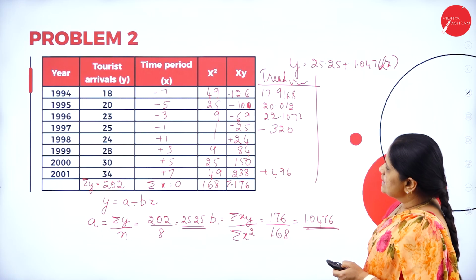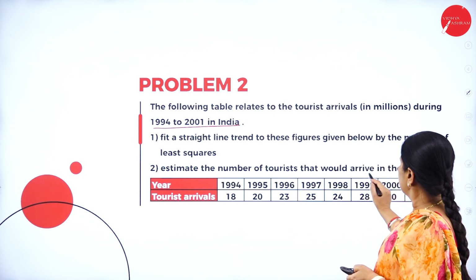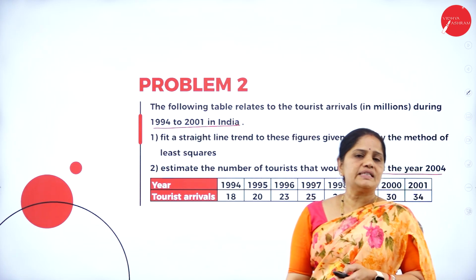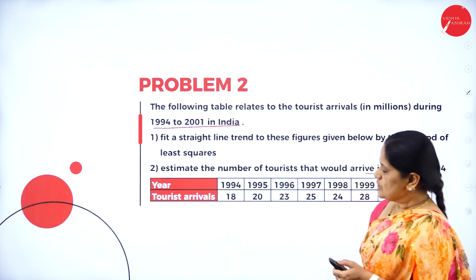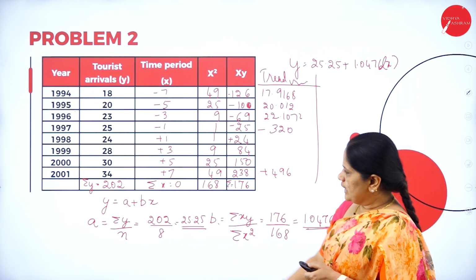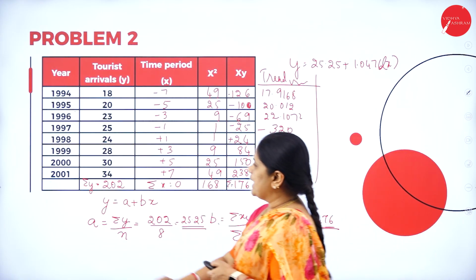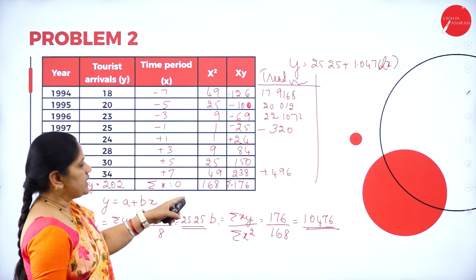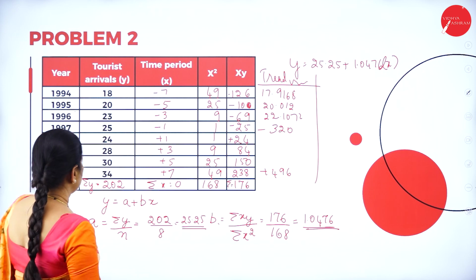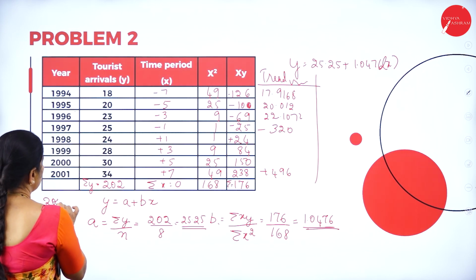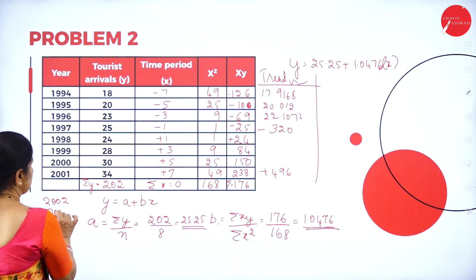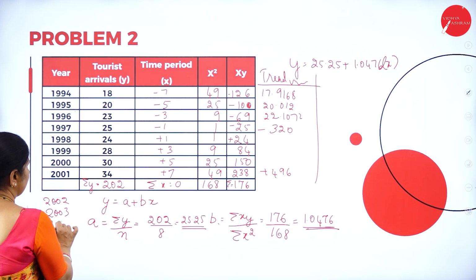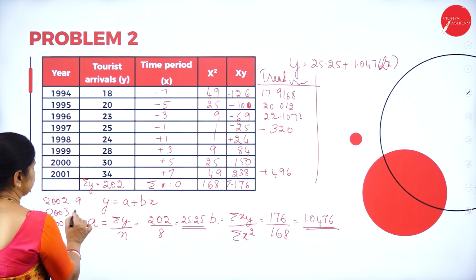Now they have asked one more question: estimate the number of tourists that will arrive in the year 2004. So in the year 2004, the x value, we have to just keep on adding. Up to 2001, it is 7. Then 2002, 2003, 2004. So it will be 7, 9, 11, 13.